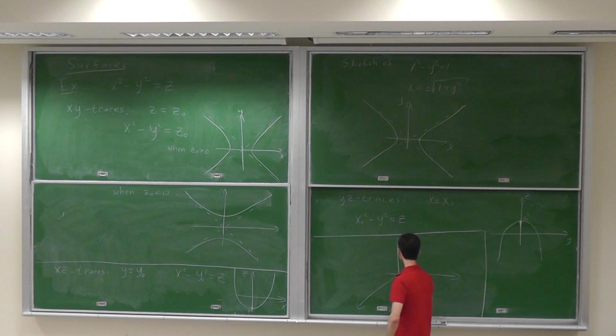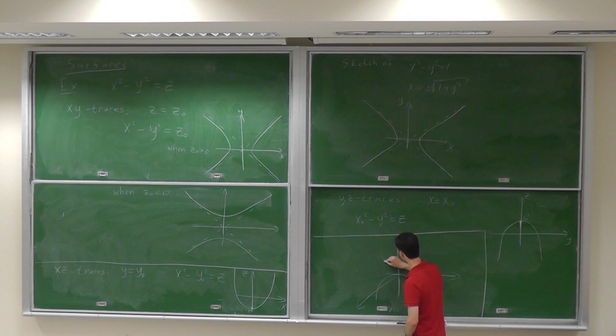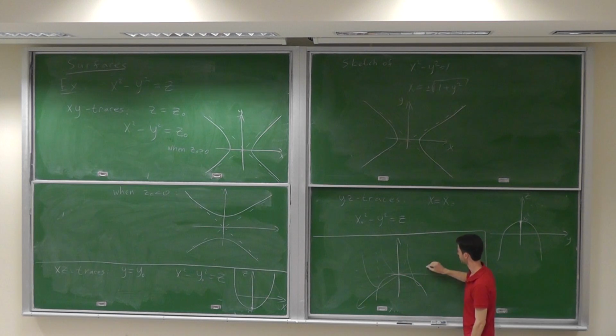So as we said, we have a parabola like this. We have a parabola in this plane, and now we start sliding it along this parabola. So we have something like this, something like this.